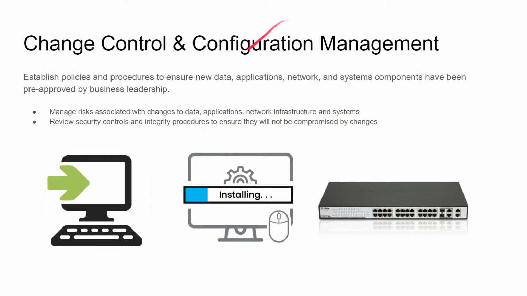And make sure there are two points in this column: manage the risk associated with the change in data, application and network interface, infrastructure and system. Also review the security controls and integrity procedures to ensure they will not be compromised by changes.